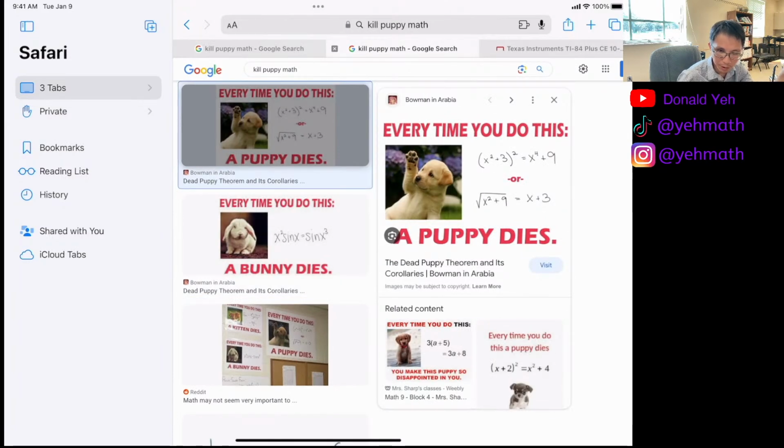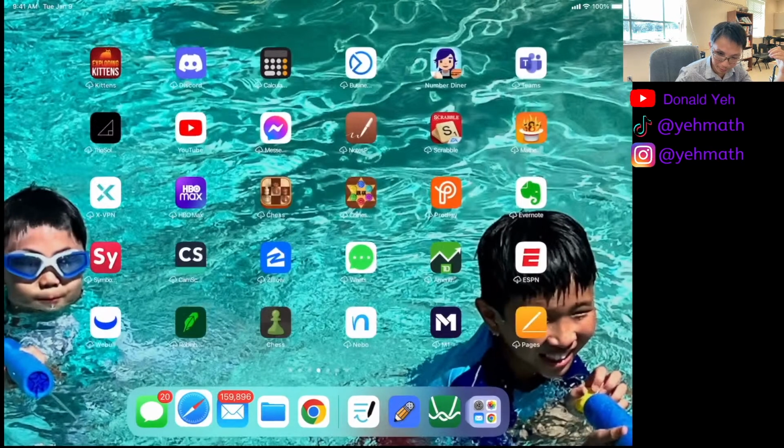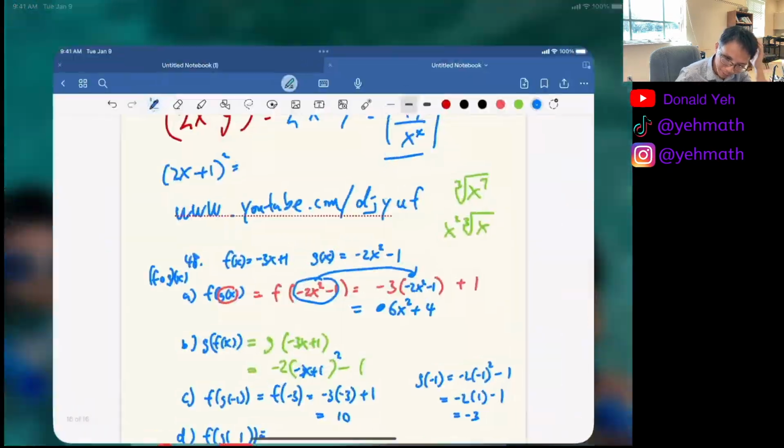So if you just distribute that square, that's bad. But if you write down x squared plus 3 squared, it should be x squared plus 3 times x squared plus 3. So there's a middle term. It should be x to the 4 plus 6x squared plus 9. That's a proper way to think about it. But every time you do this, a puppy dies. So yeah, do not do that.